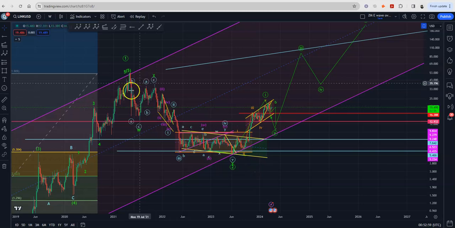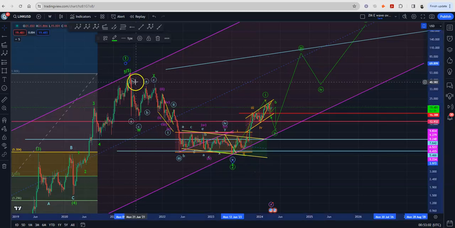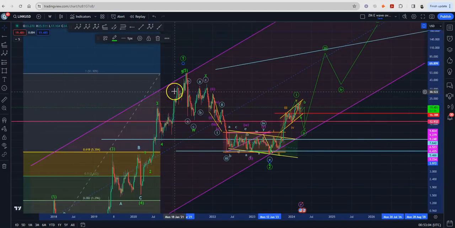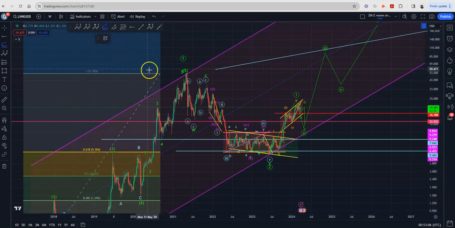WXY correction, because this wave 5 became primary 1. This correction, as you can see, was just an ABC with a leading diagonal 1, 2, wave 3. This triangle WXY was a very tricky structure. This was Wyckoff accumulation.